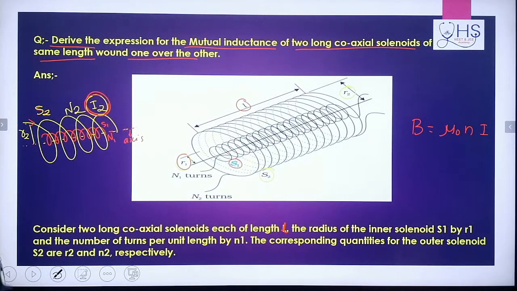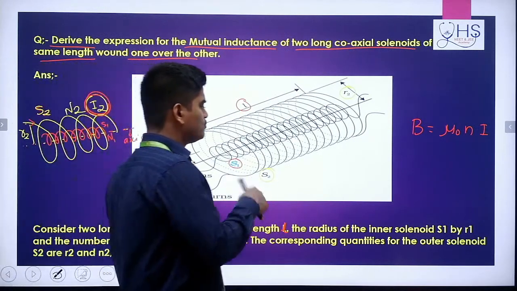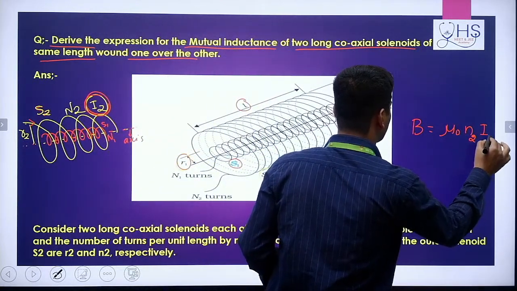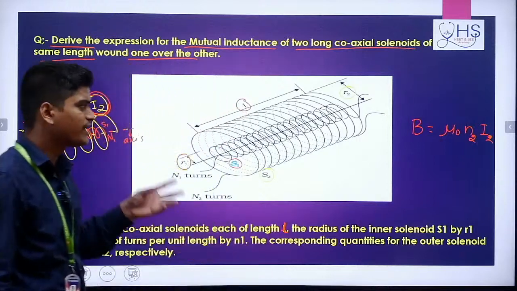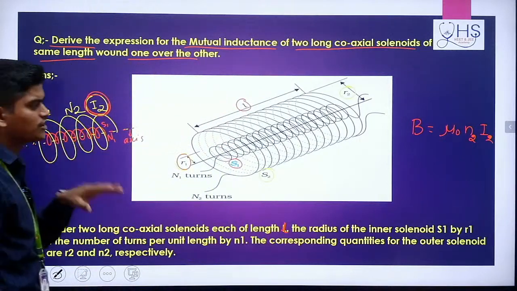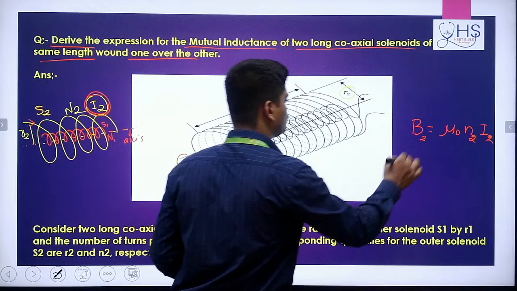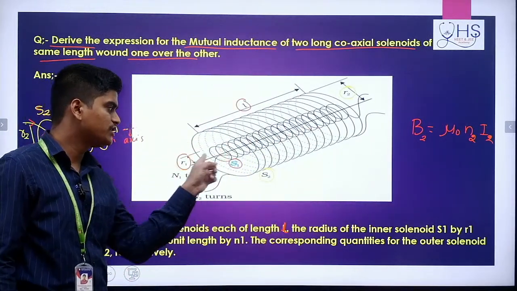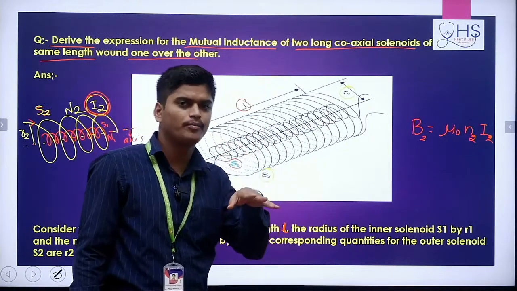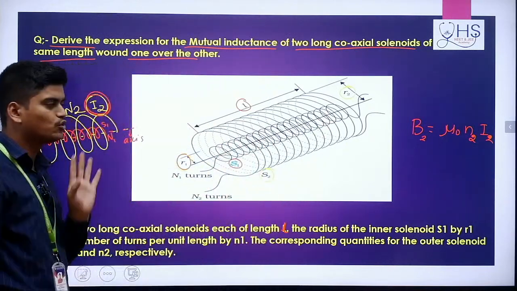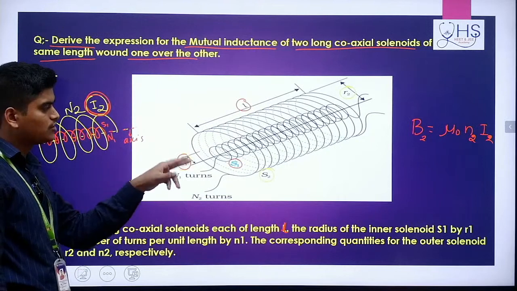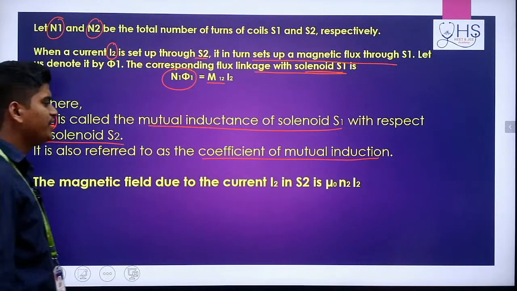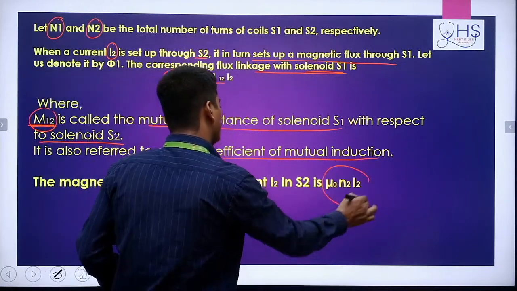Now here the magnetic field due to S2 is the number of turns per unit length in S2 and the current flowing in S2. That's why I write B2 is N2 I2. Because the field in S1, in the axis region, is coming due to coil 2 or solenoid 2, that's why I give that field the name B2. So B2 is mu naught n2 I2.